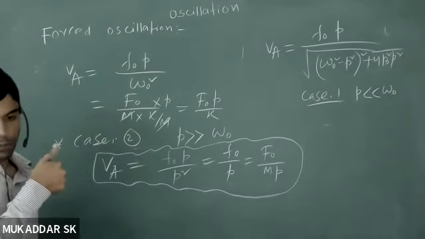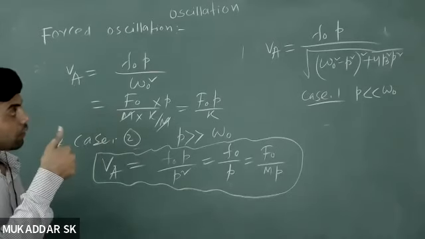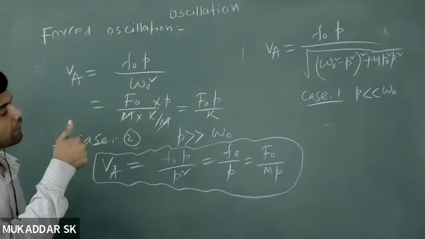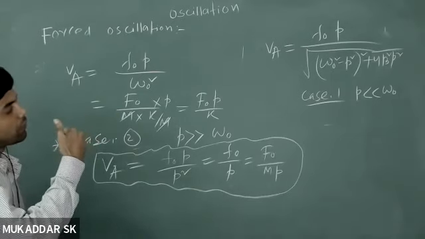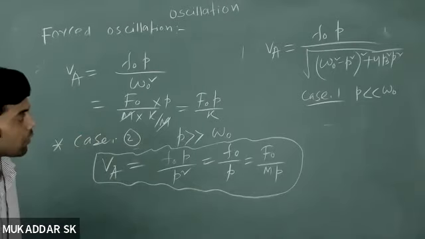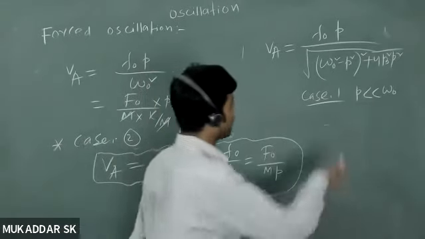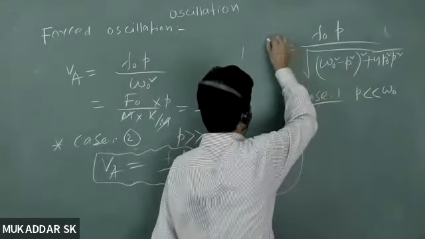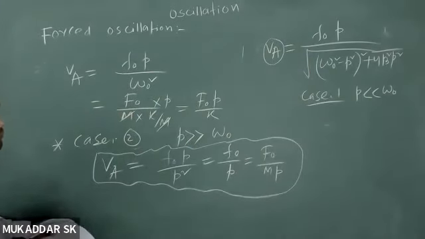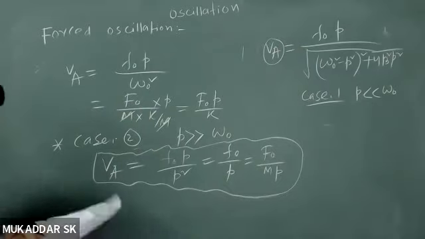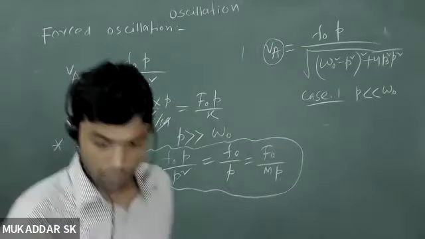VA is the velocity amplitude. Previously we calculated at what value of P the displacement amplitude is maximum. Now my plan is to calculate at what value of driving frequency the velocity amplitude will be maximum. How will we proceed? Any clue from your side?